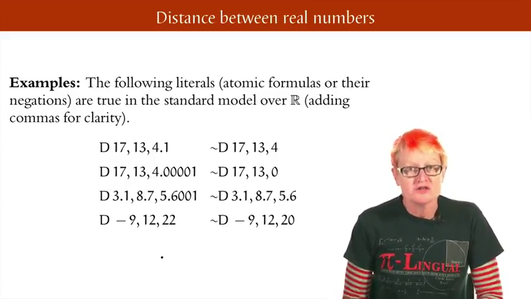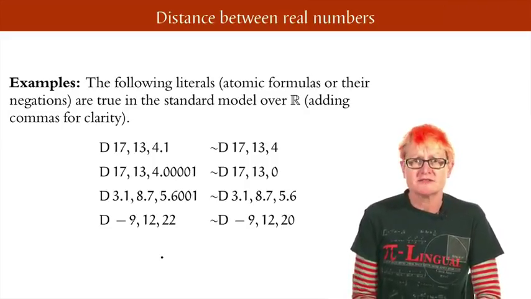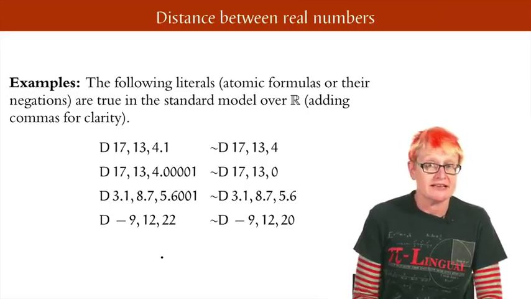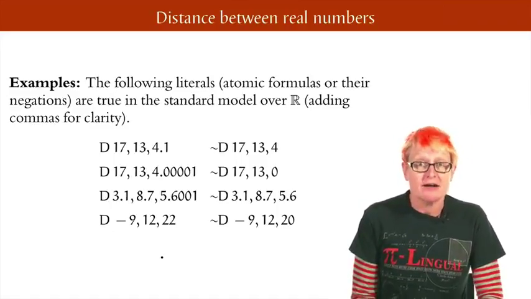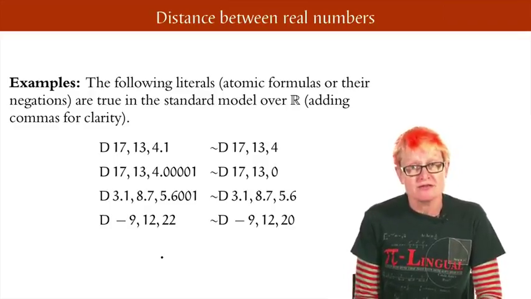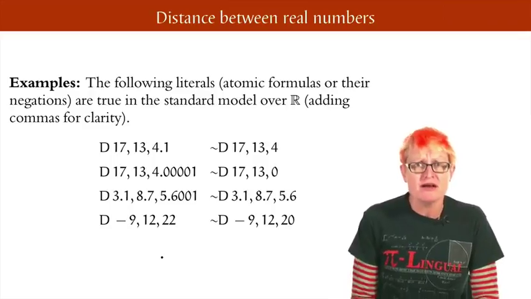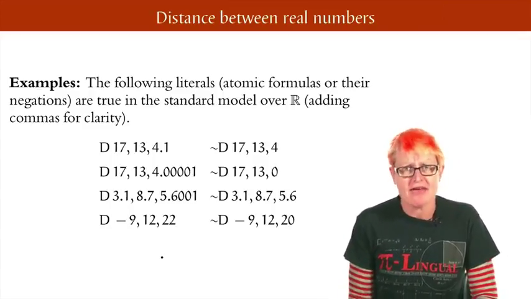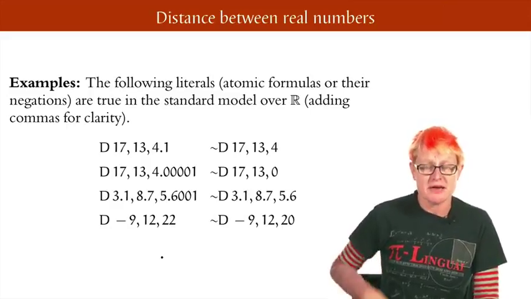We get not d(-9, 12, 20) because the distance between -9 and 12 is exactly 21, while d(-9, 12, 22) is true. All that is needed for truth is that the third number, epsilon, is larger than the actual distance between the first two numbers, x and y.